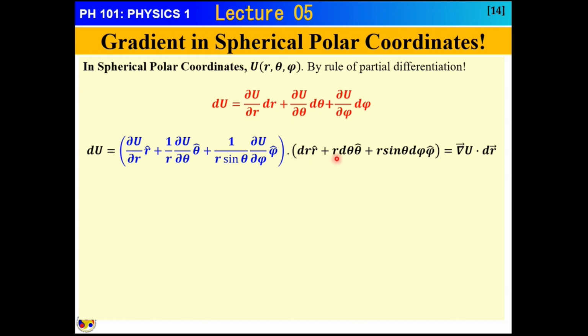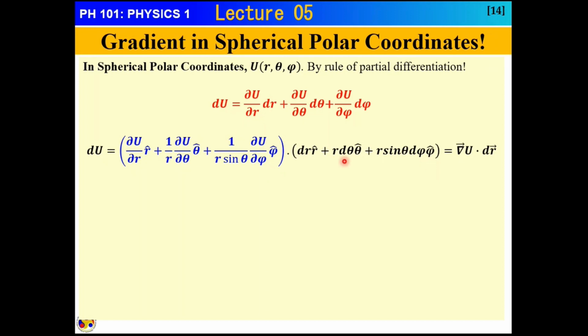We have to write in terms of a small vector, which tells us the direction and magnitude of that vector if I move from the position r, theta, phi to r plus dr, theta plus d theta, and phi plus d phi.